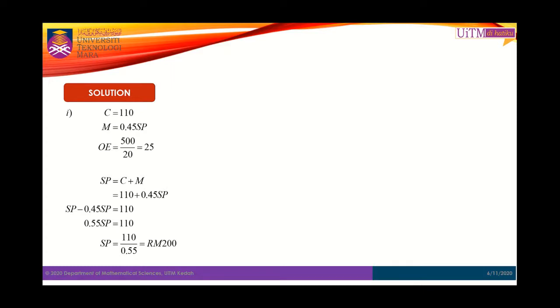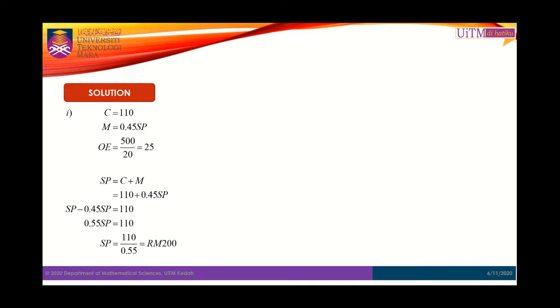And then you have the operating expenses to be 500 divided by 20, that is 25 ringgit for each coffee maker. In this sense, we are dividing the total operating expenses by 20, since the question asks you to find the selling price for a coffee maker, for a single unit.